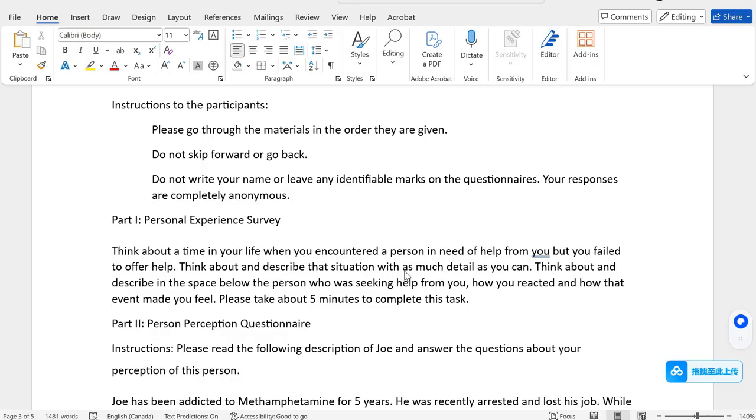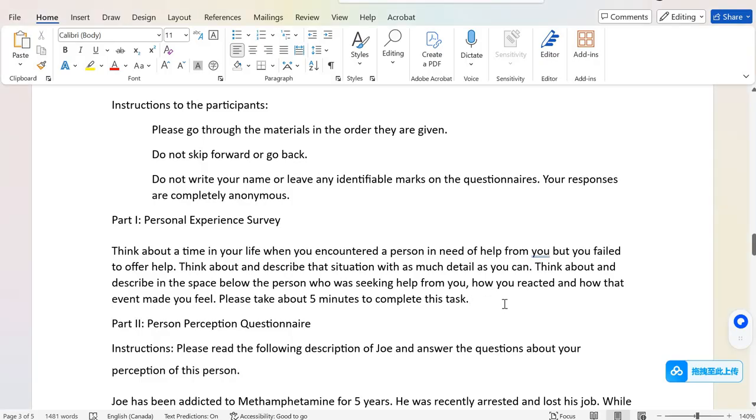Think about and describe that situation with as much detail as you can. Describe in the space below the person who was seeking help from you, how you treated them, and how that event made you feel. Please take 5 minutes to complete the task.